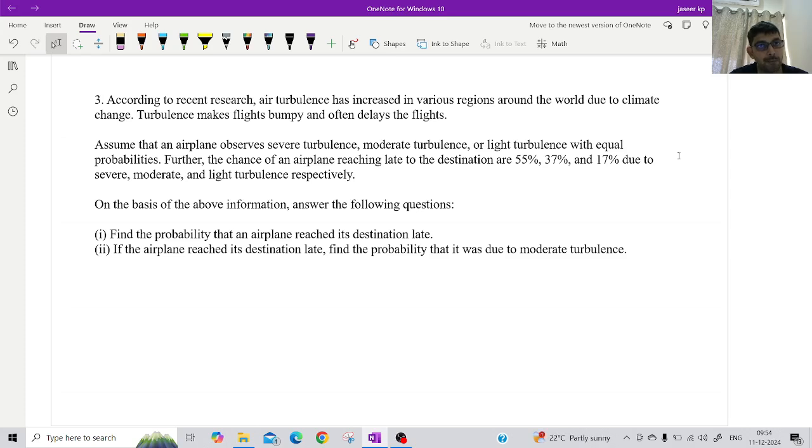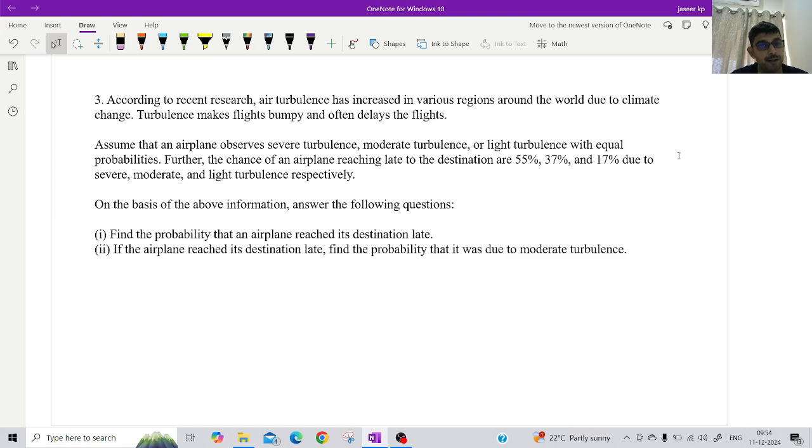Assume that an airplane observes severe, moderate, or light turbulence with equal probabilities. Further, the chances of an airplane reaching late to the destination are 55%, 37%, and 17% due to severe, moderate, and light turbulence respectively. On the basis of the above information, we have to answer the following questions.